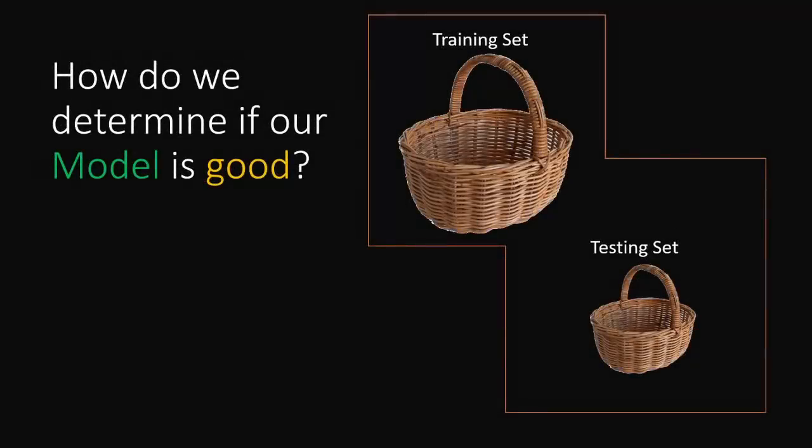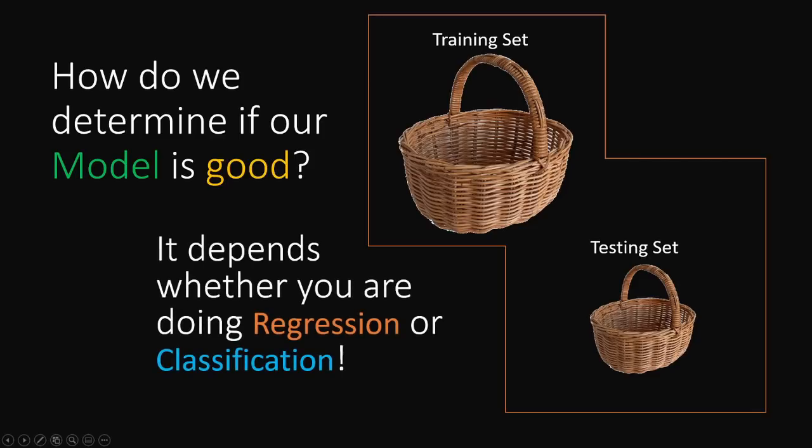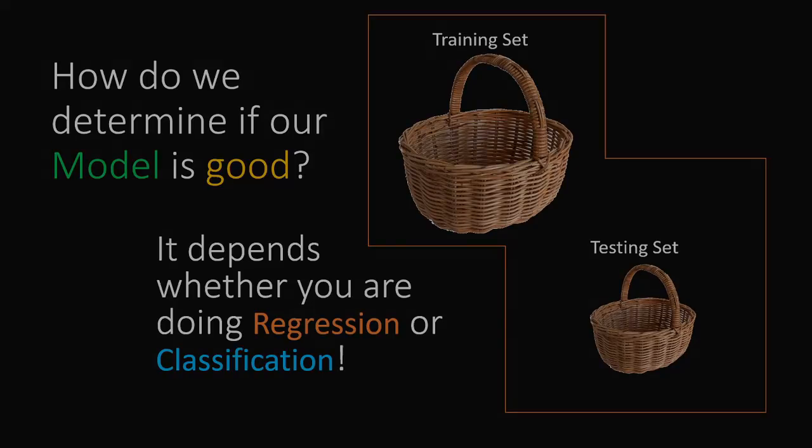And so when we're looking at our models, and we know that we have to break our data up into two sets, for example, our training set and our test set, how do we know if we've actually made a really good model? And ultimately, the answer to that is it depends whether you're doing regression or classification. We're going to use these two metrics to evaluate our models.